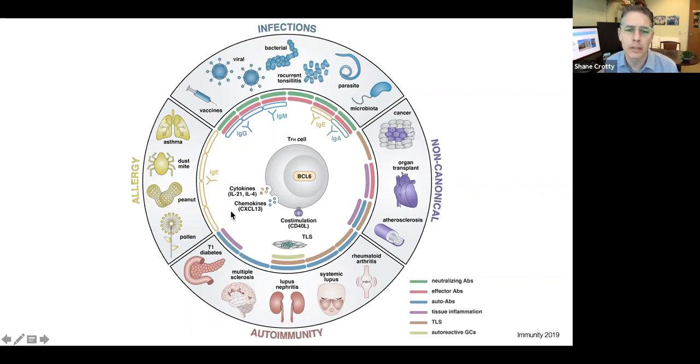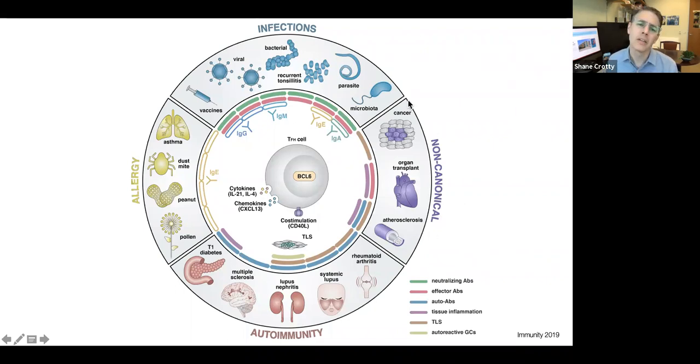And there was good evidence that TFH were involved in allergies in the sense of being required for IgE, but unknown how and why, but also involved in a lot of different autoimmune diseases that don't all have identical presentations. And so TFH seemed to be driving antibody responses, but also potentially other functions in some situations.